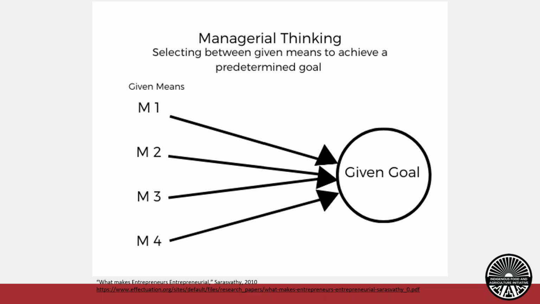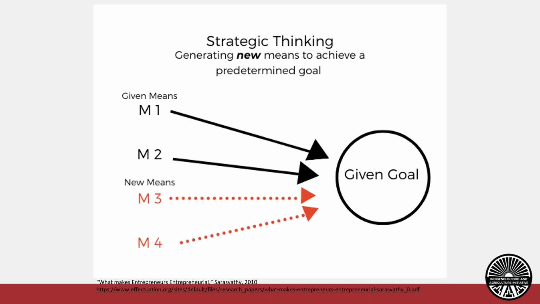And this is all to serve that given goal of providing food to your customers. Strategic thinking, this means generating new means to achieve a predetermined goal. A lot of tribes create strategic plans for their tribe, and the given goal is to promote more success of the tribe. But understanding that new means might come about as you go through that process.